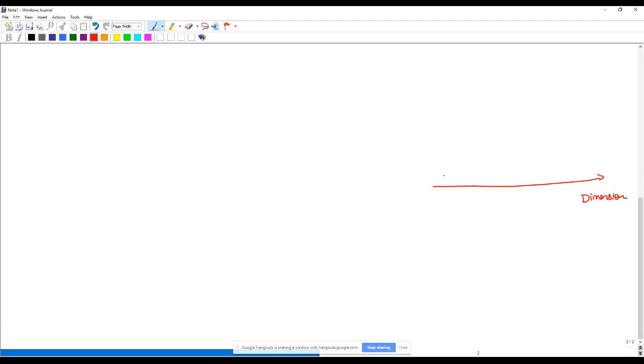So we said this is the dimension of your tile. Initially this is where the problem was. 1 cross 1 is what I want my tiles to be, but they are varying. 0.8 cross 1, 1.2 cross 1.2.